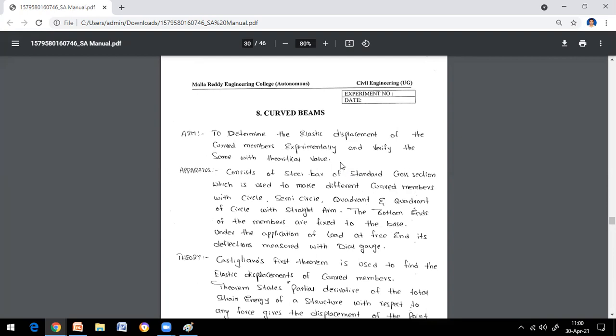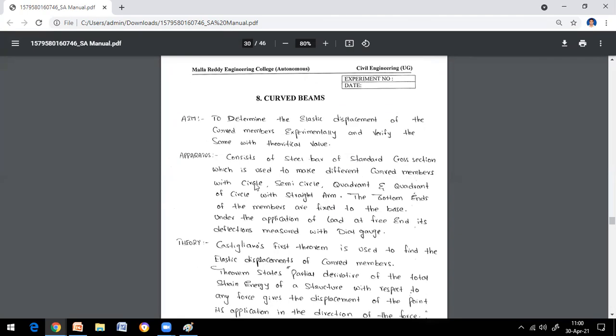In your curved beams, there are around 4 curved beams. What are they? There are circular curved beam, semicircular beam, quadrant beam, and quadrant of circle with straight arm.